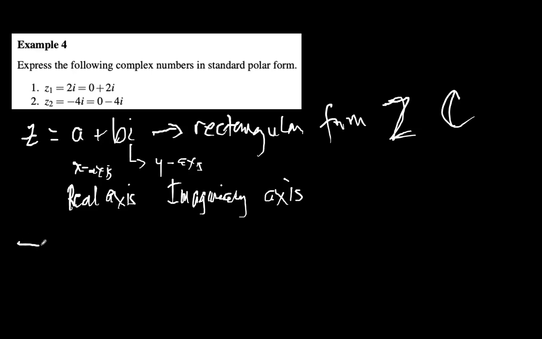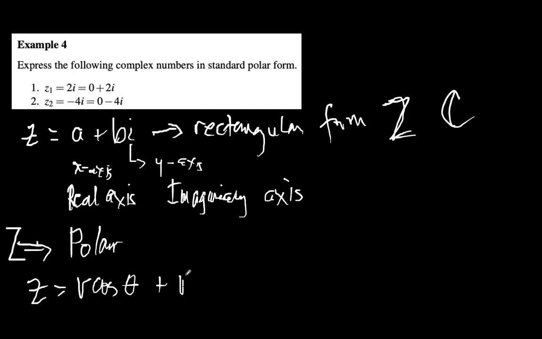And then, for us to convert this to polar, so from z, imaginary to polar, we convert this to r cosine theta plus r i sine theta.